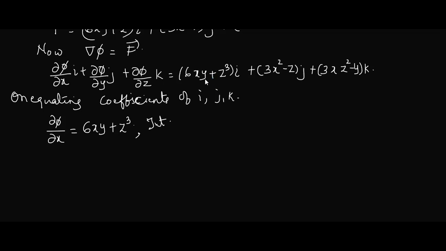See, we have an expression dou phi by dou x is equal to this. I want phi from this. So whether I have to integrate with respect to x or y or z? X, ma'am. Okay, let us integrate with respect to x. It is understood that y and z are treated as constant.